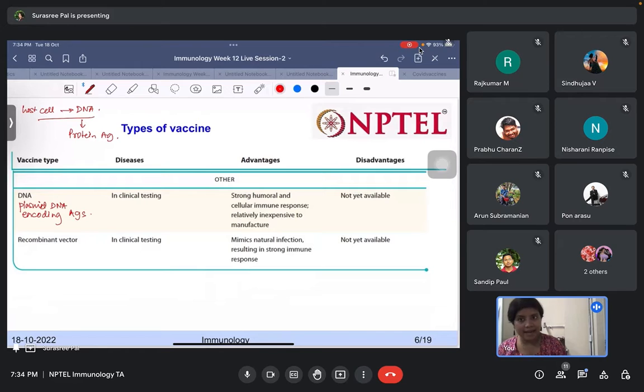Since this antigen is produced intracellularly, it can be presented with the help of MHC class 1, which can induce the cell mediated responses or cytotoxic T cell responses.